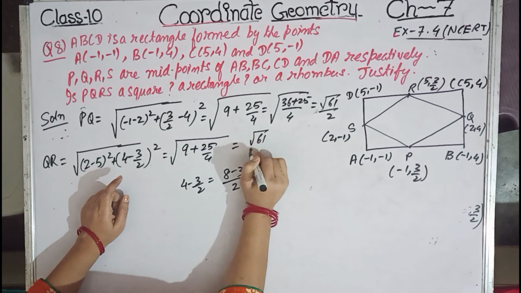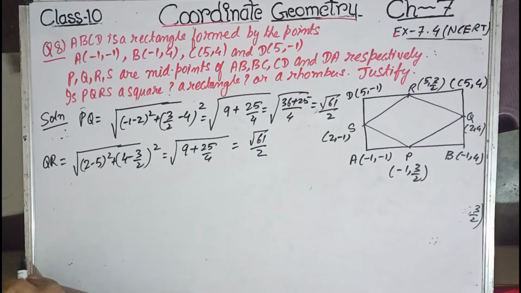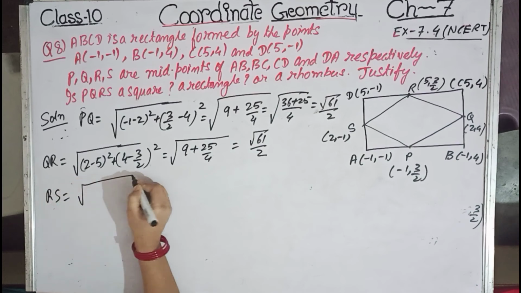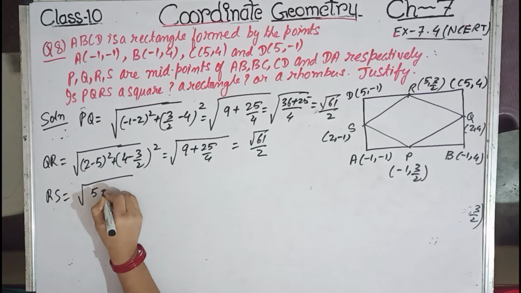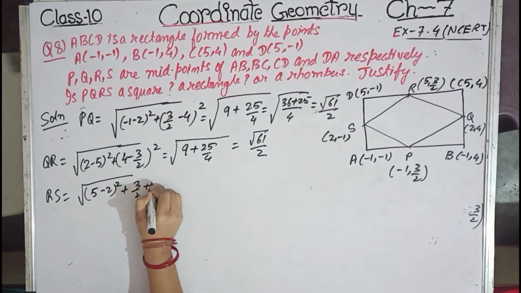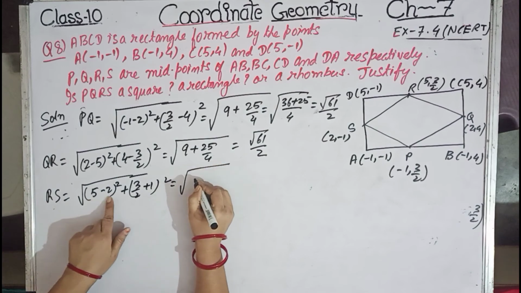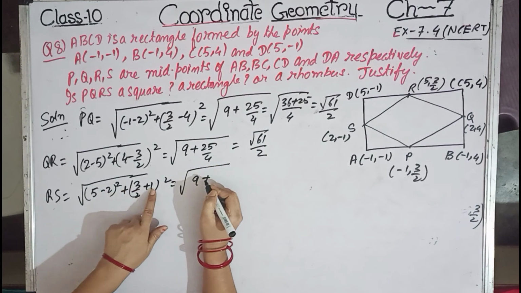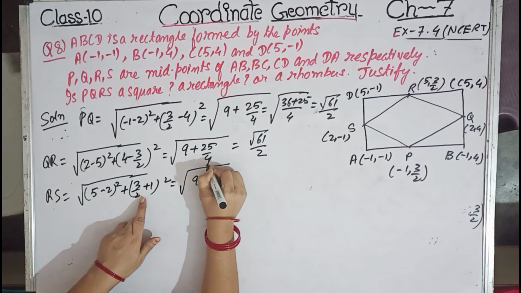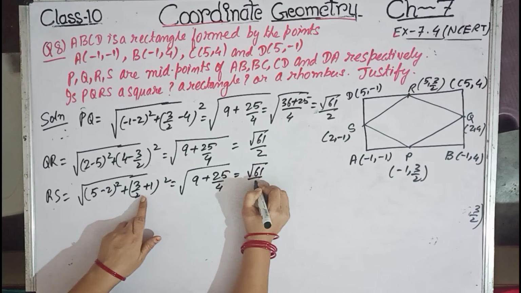So this will be equals to under root 61/2. PQ, QR and RS. RS will be equals to (5 minus 2) square plus (3/2 plus 1) square. So this will be equals to, again 3 square is 9, plus 3/2 plus 1 is 5/2, square, that is 25/4. Again same thing we are getting. So this will be equals to under root 61/2.